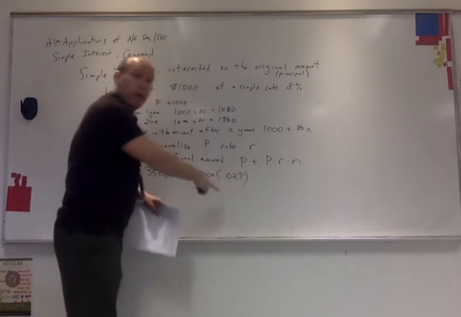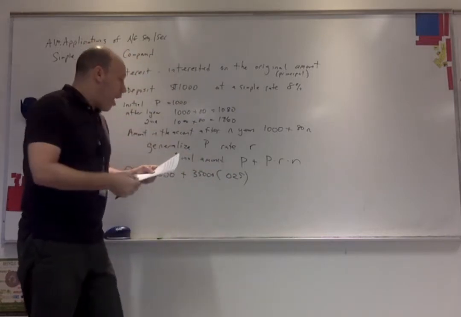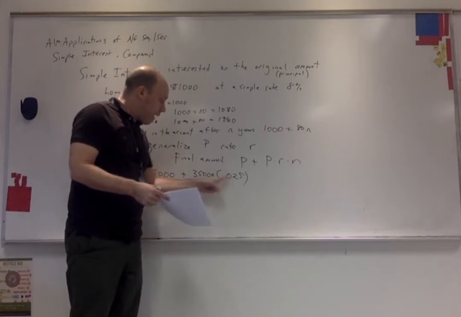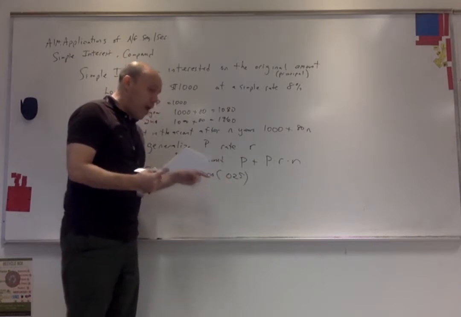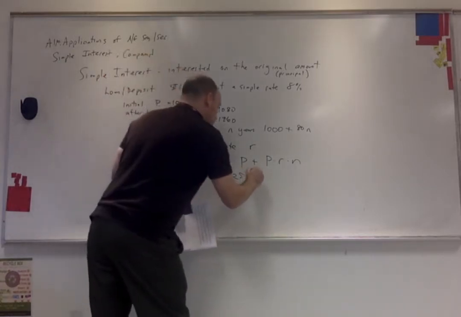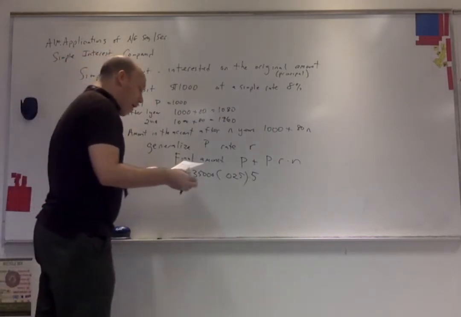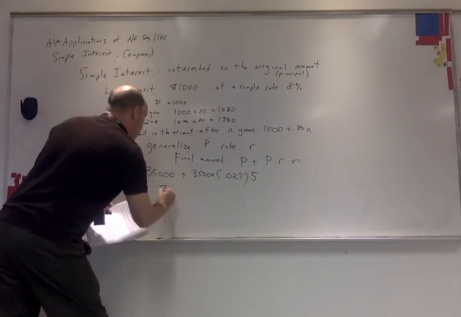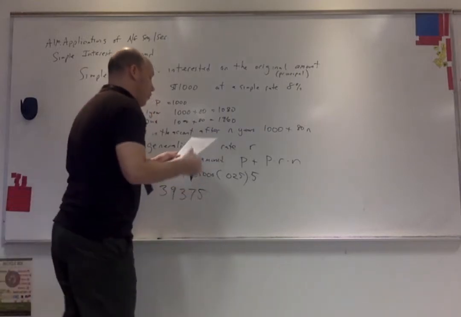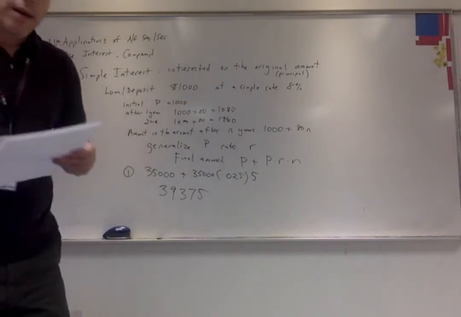Know how to convert percentages into decimals. Each year it's growing at 2.5% of 35,000, and I'm told that it's 5 years, times 5, which means Sebastian's loan after 5 years is $39,375. Good.